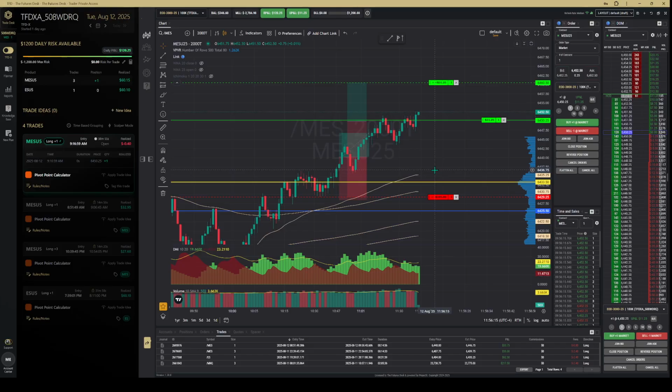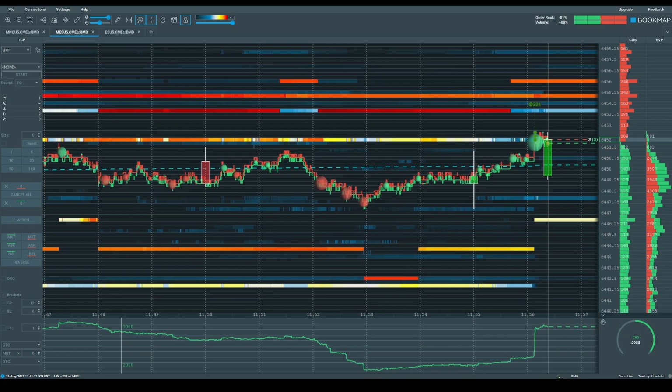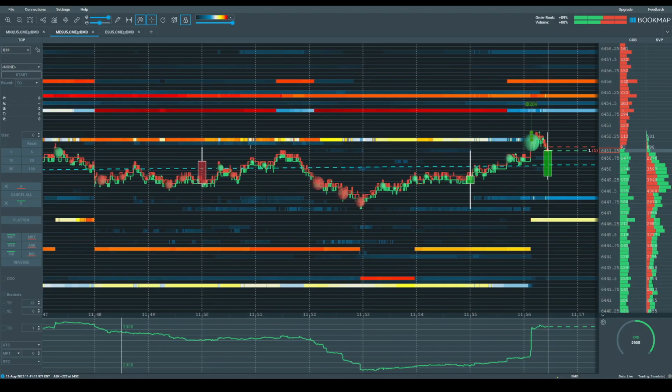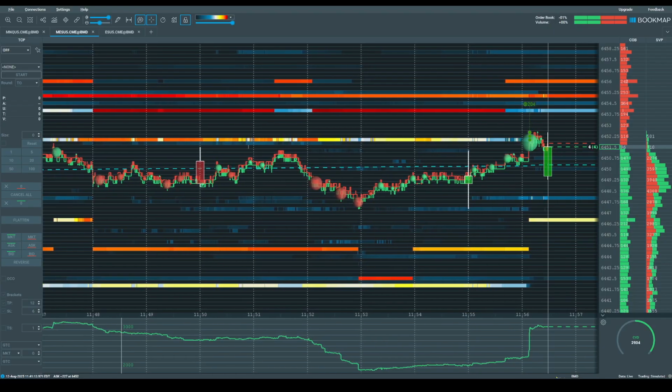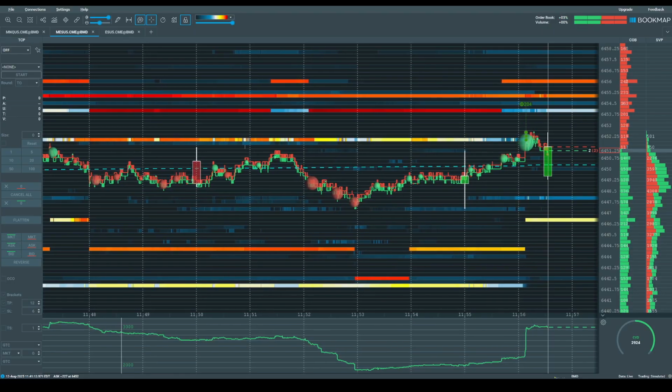So if we go back to Bookmap, what screen are we on? Let's get back to Bookmap. You can see that aggressive buyers are stepping in. And we just ripped through a level. So maybe we continue upward, right?